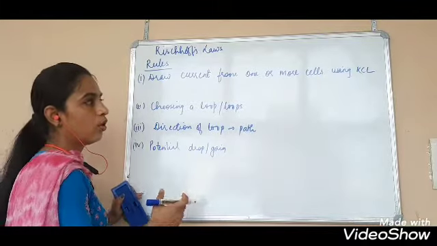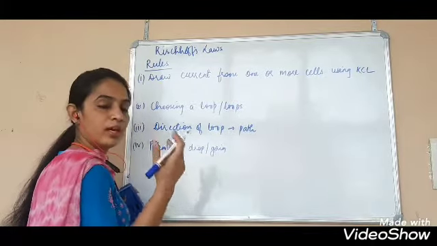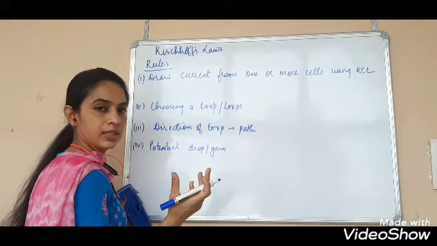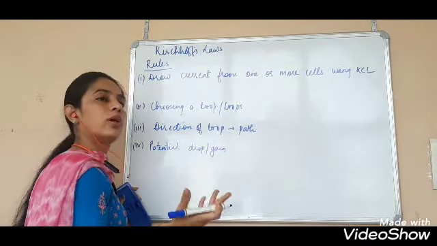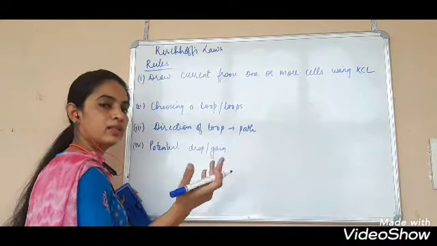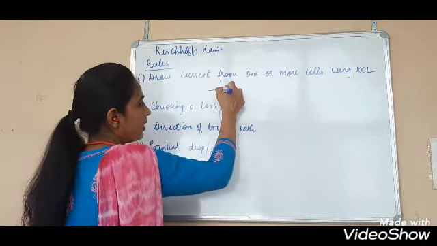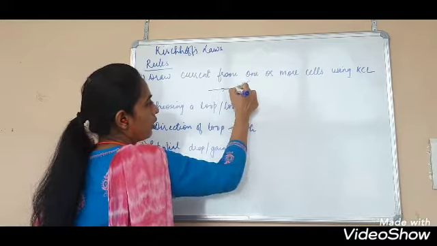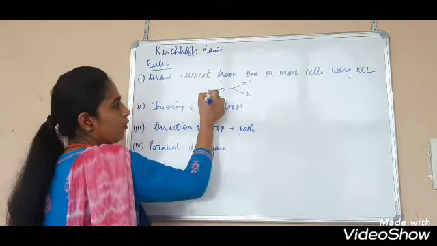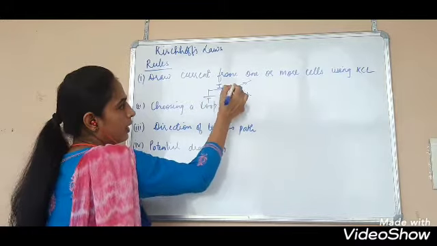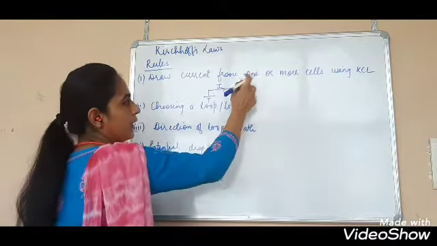If there are 2 cells in the circuit, you can draw current from one cell and distribute. You can draw current from both the cells also and distribute whatever you want. For example, this is one node and this is one cell. From this cell you are drawing current I, and then you have to distribute.